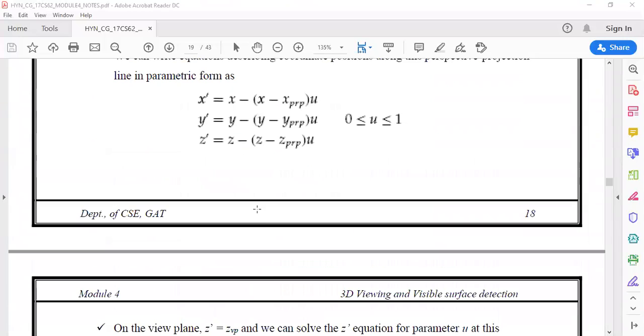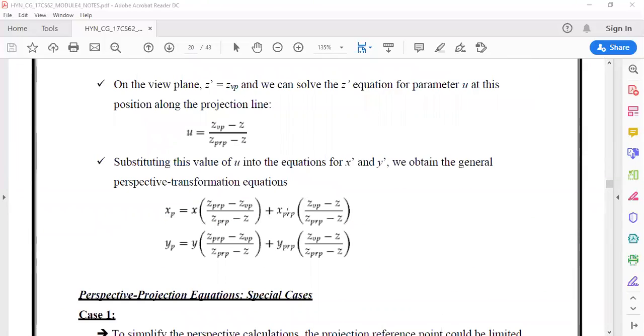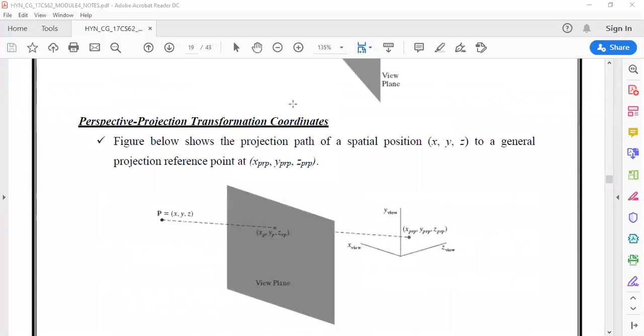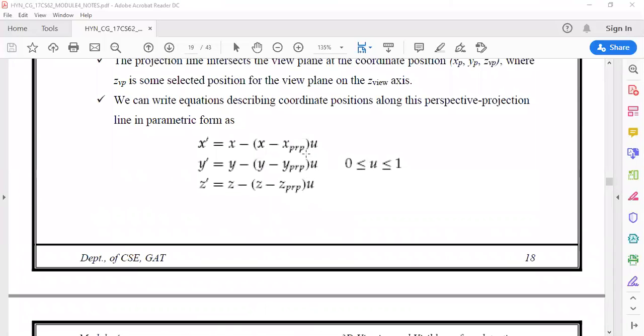Minus into minus gives a plus, so plus xprp into the value of u.